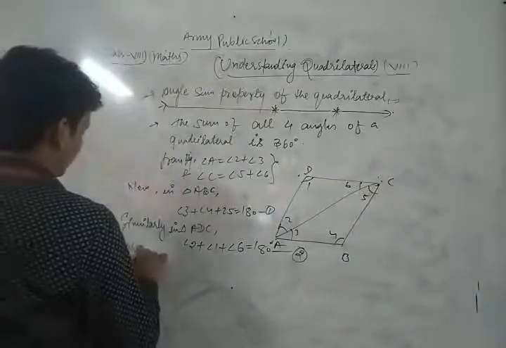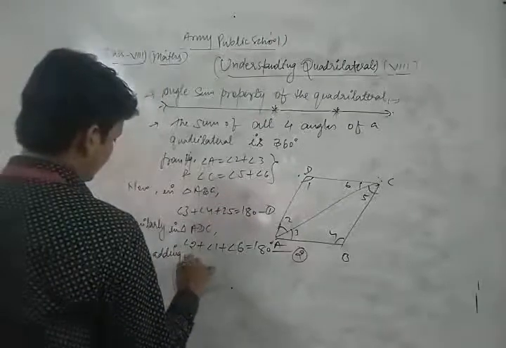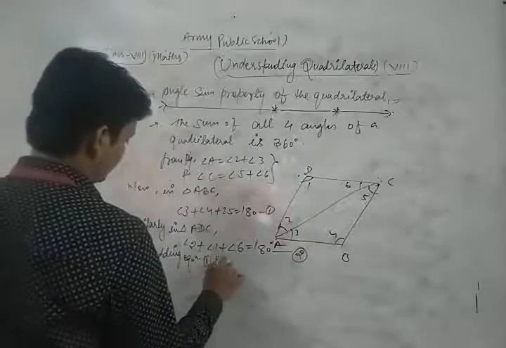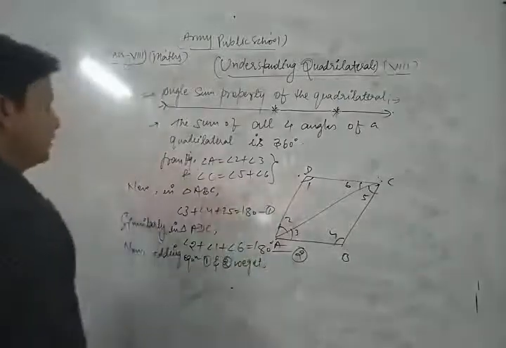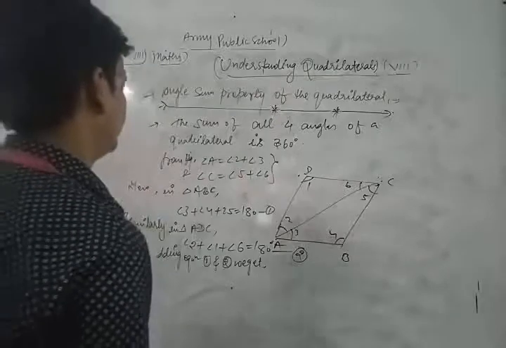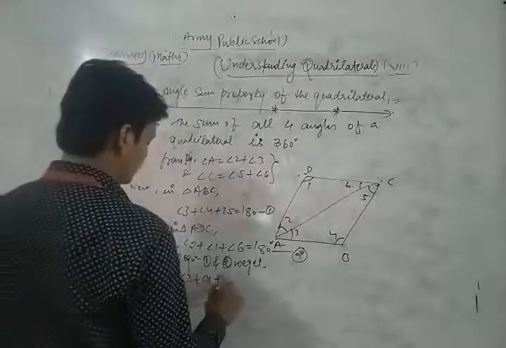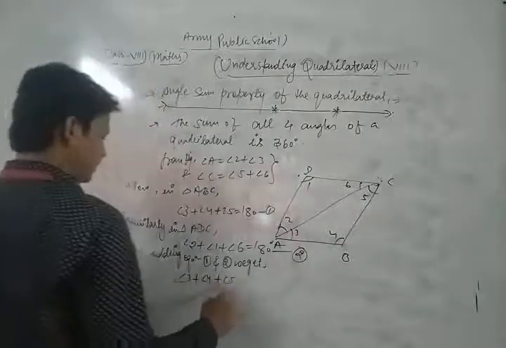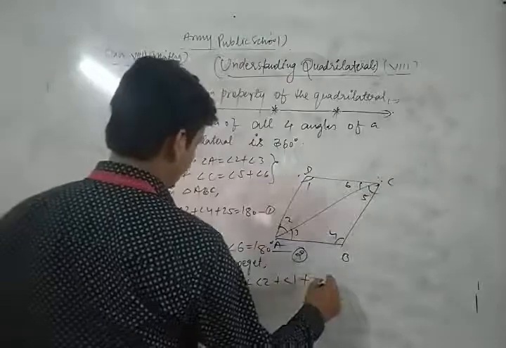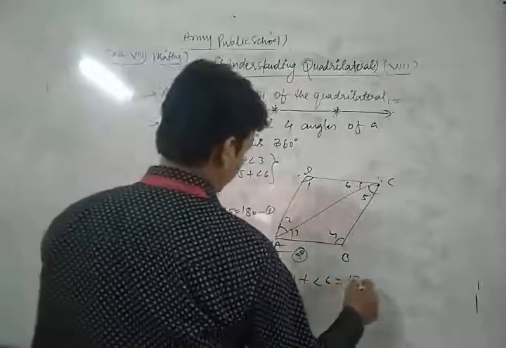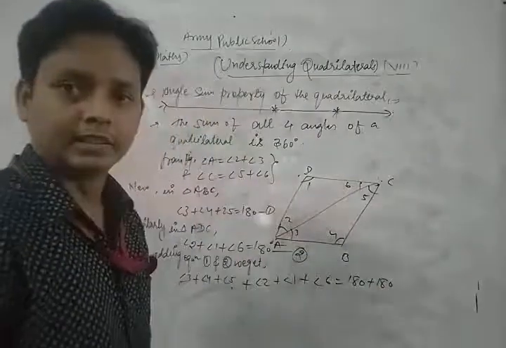Now adding equations 1 and 2, we get angle 3 plus angle 4 plus angle 5 plus angle 2 plus angle 1 plus angle 6 is equal to 180 plus 180 degrees.